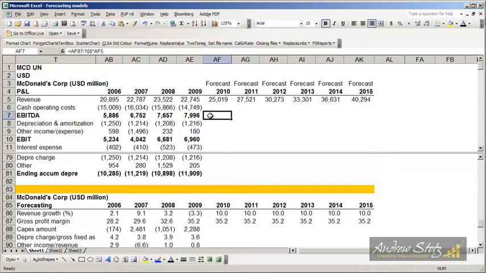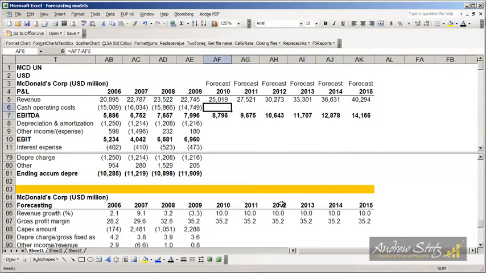So what does that mean? Basically, we create a formula that says take this gross profit margin, which is in line 87, AF 87, divided by 100 because we want to put it into percentage terms, and multiply it times the amount of revenue, and therefore we will get our gross profit. And we can do that all the way across.